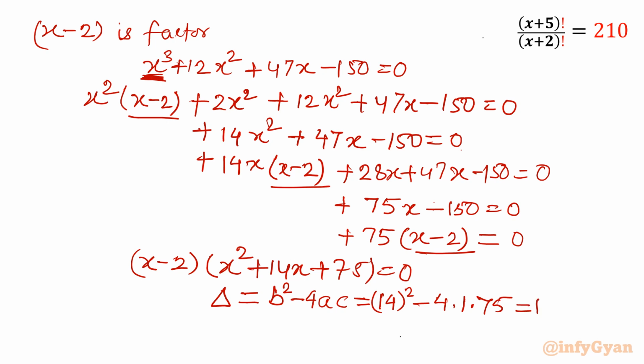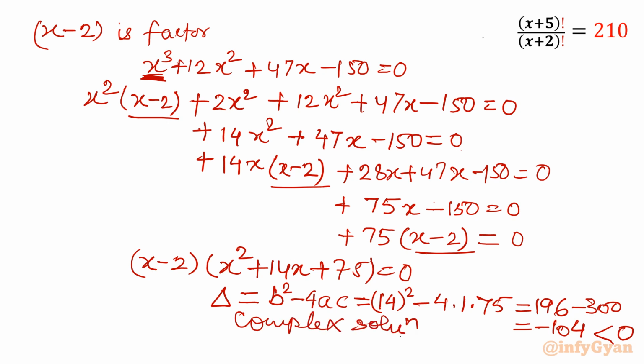That will be 196 minus 300, which is minus 104, which is negative. That means no real solution; we would have complex solutions from the quadratic equation. So we will reject x square plus 14x plus 75, since we are getting complex solutions from there.